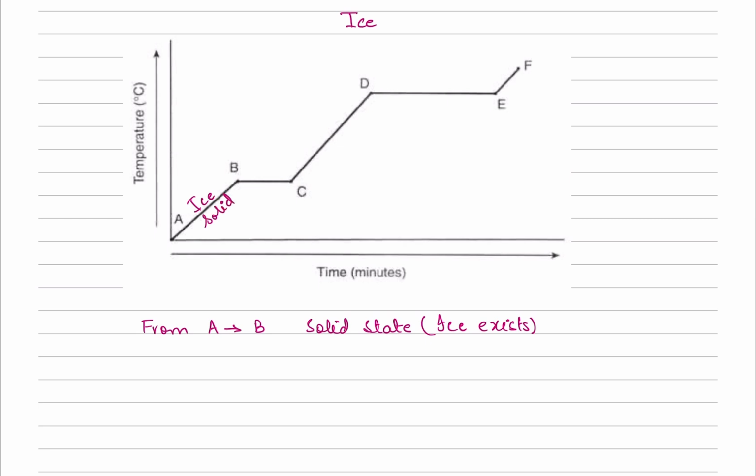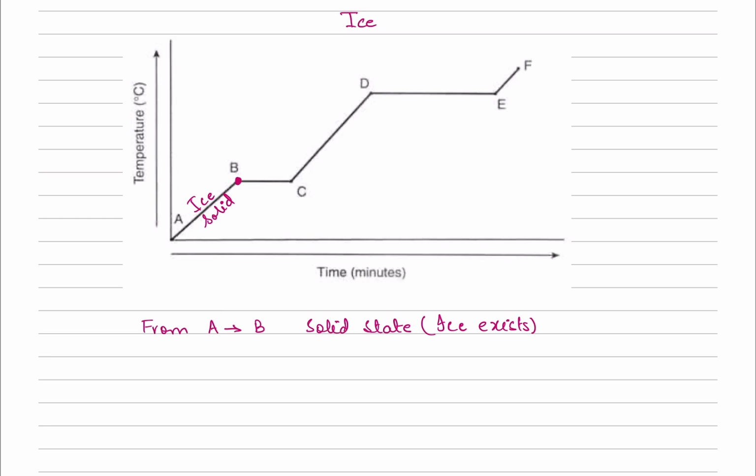But what is happening here is that as you're increasing the temperature, as we discussed in the previous video, the kinetic energy of the molecules increases and the water molecules in ice will start to vibrate faster. And as soon as point B is reached, at point B, ice will start to melt.